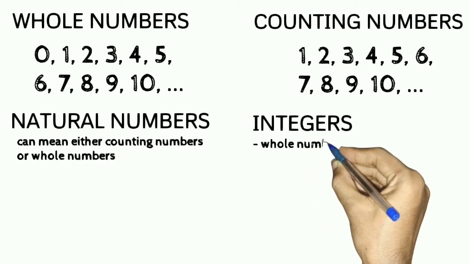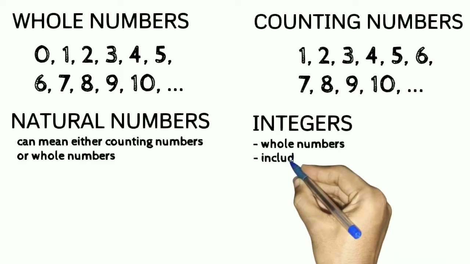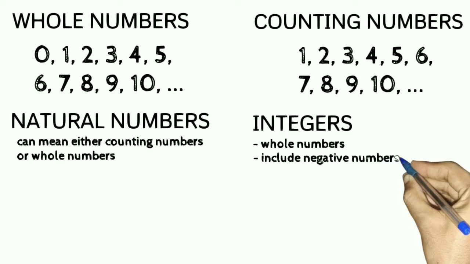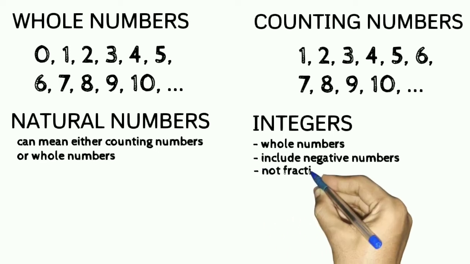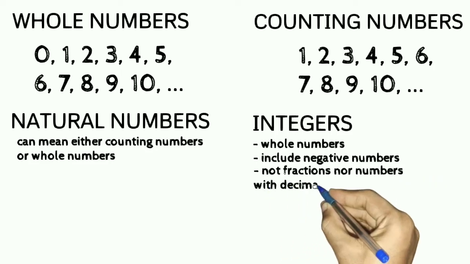When we say integers, these are like whole numbers, but they also include negative numbers. Meaning to say, positive numbers and negative numbers, pero hindi kasali ang fractions at numbers na merong decimals.